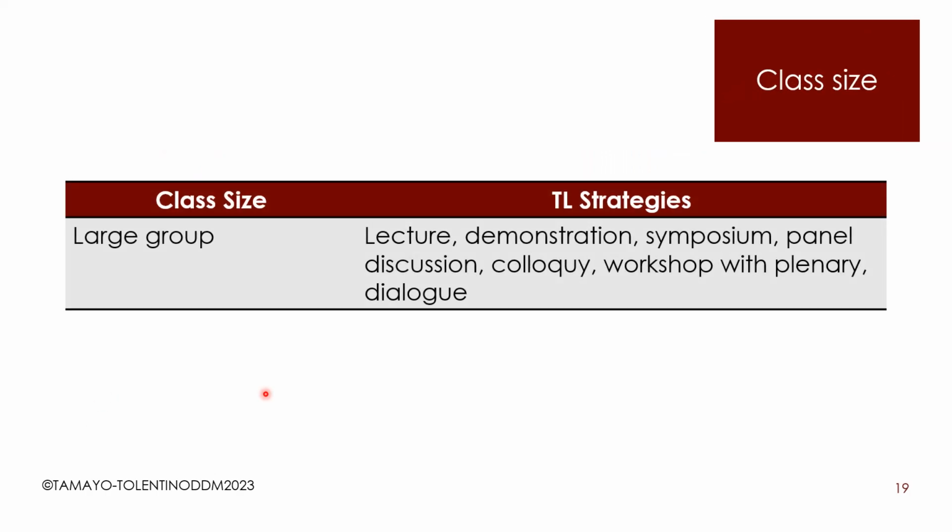For a large group of students, we can plan for a lecture, a demonstration, specifically if it's a skill that we want to teach, symposium, panel discussion, colloquium, workshop with plenary, and dialogue.